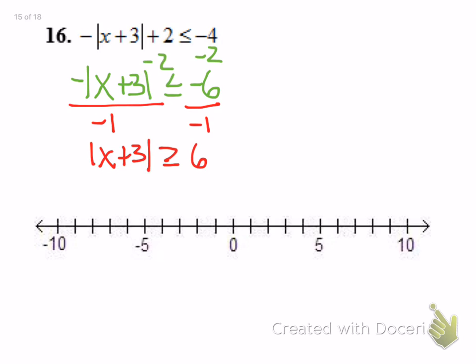Now I can write my two inequalities. x plus 3 greater than or equal to 6. x plus 3 less than or equal to -6. I can subtract 3 in both of these.